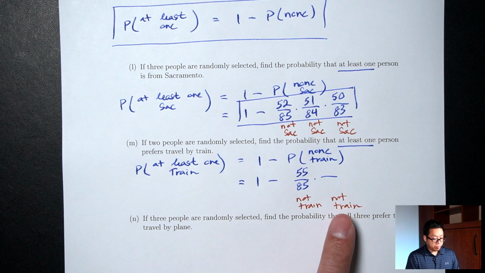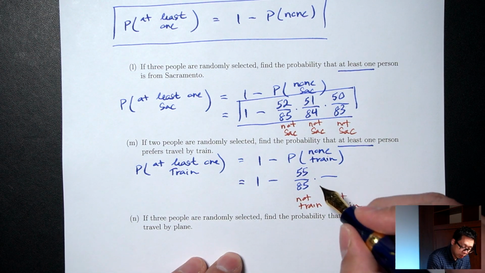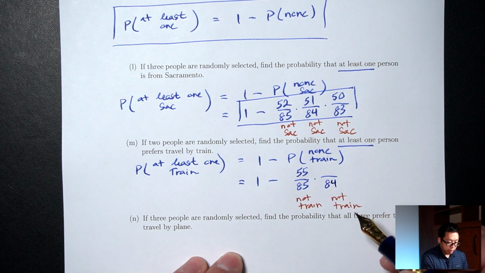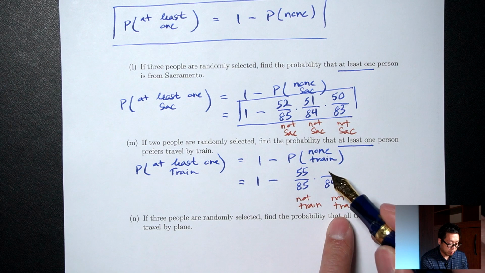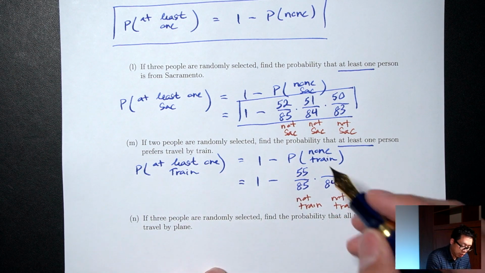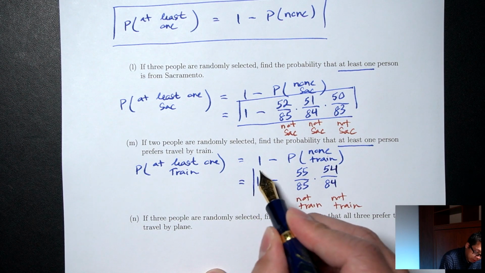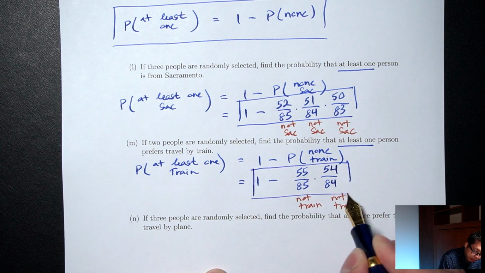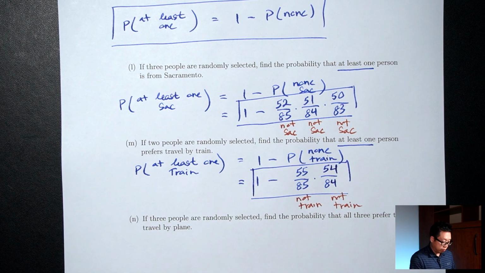Second fraction, for the bottom, because I already picked one person, I have to reduce by 1 to 84. And for the second person, I also want to be not train, which means the top, I have to reduce by 1 to now 54. So the final answer will be 1 minus 55 over 85 times 54 over 84.